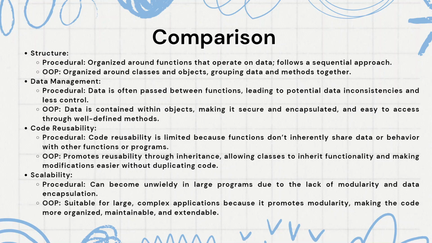So with the inheritance principle, we can reuse the code without duplicating it. We can still access the code even if we didn't duplicate it, and share the data and other behaviors of that code to other classes. So OOP promotes reusability through the inheritance principle.